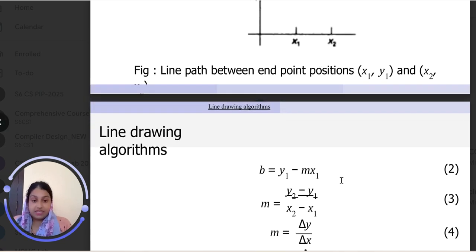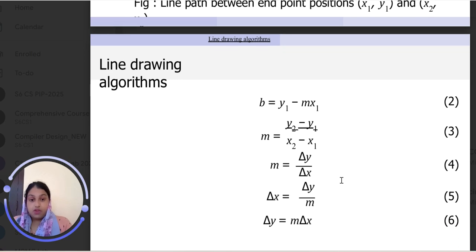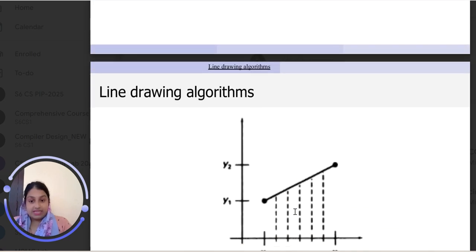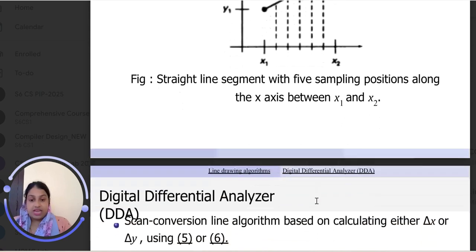Then m is delta y by delta x, which expands to y2 minus y1 by x2 minus x1. Shortening it, we get m equal to delta y by delta x. To get delta x, it is delta y by m, and to get delta y, it is m times delta x. This is a straight line segment with 5 sampling positions along the x-axis between x1 and x2.